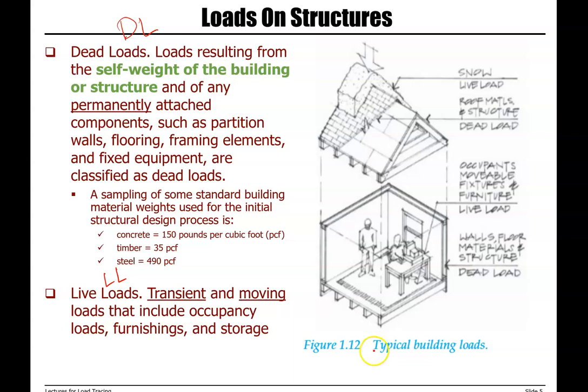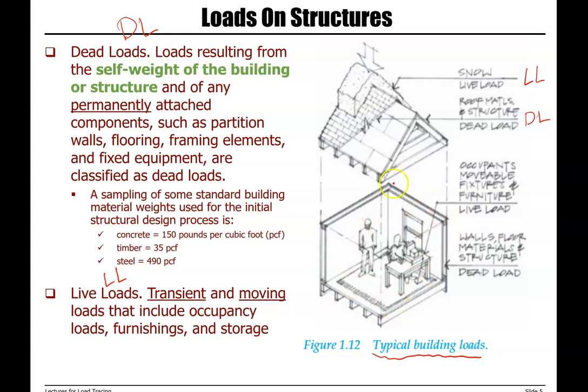Here in this figure, you can see examples of typical building loads. So we first look at the roofing system. We have snow as an example of live load and roof materials and structure as an example of dead load.